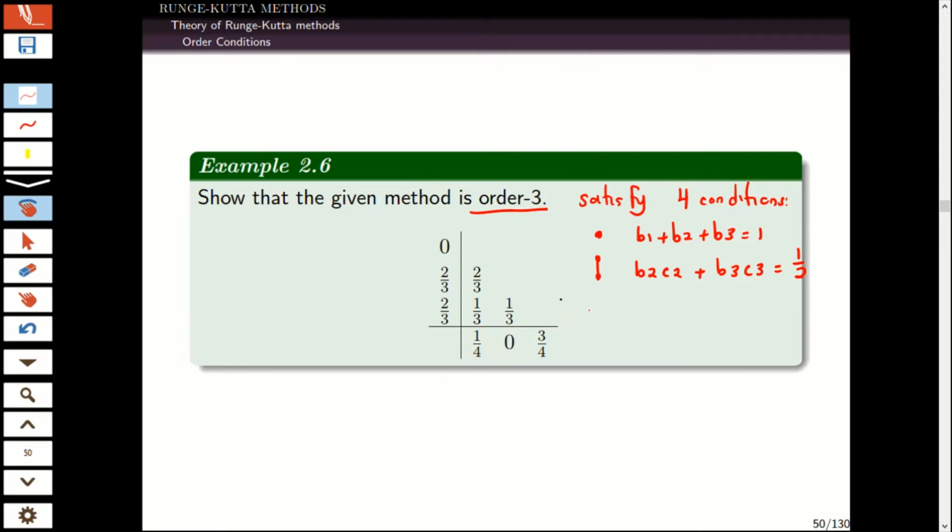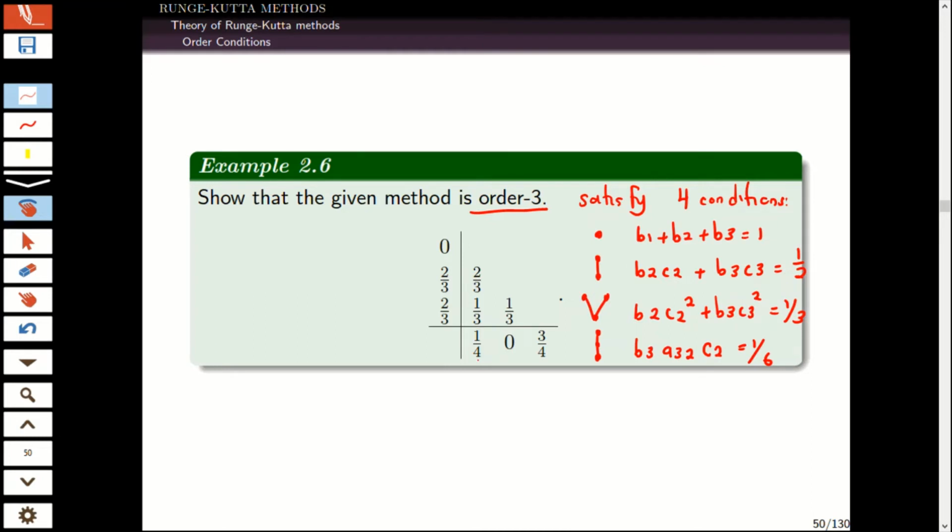And then we have to satisfy this bushy tree, such as b2 c2 squared plus b3 c3 squared equals 1/3. And then we have to satisfy this tall tree, which is b3 a32 c2 equals 1/6. If you can show that all of these are satisfied, then you can tell the method is order 3.